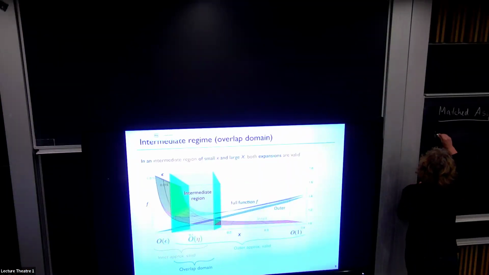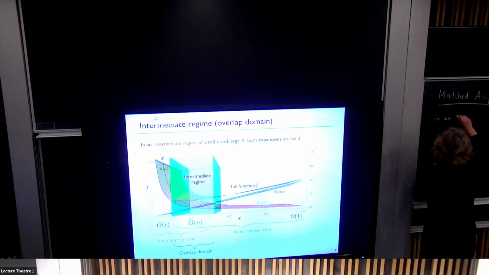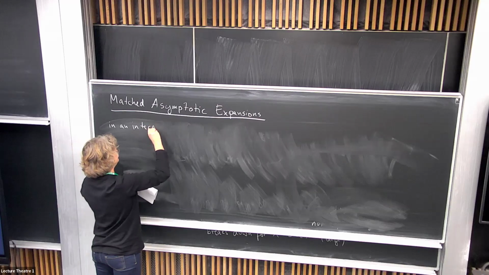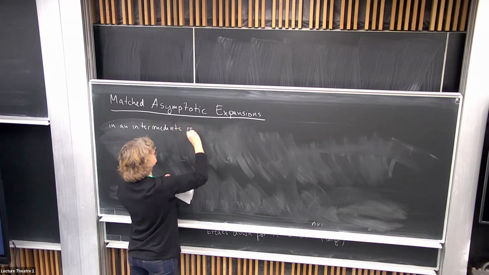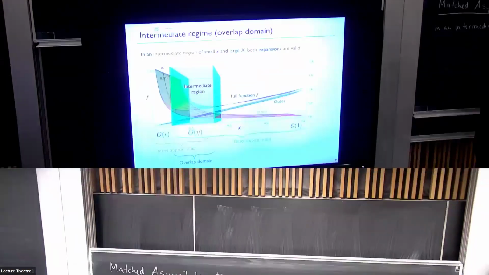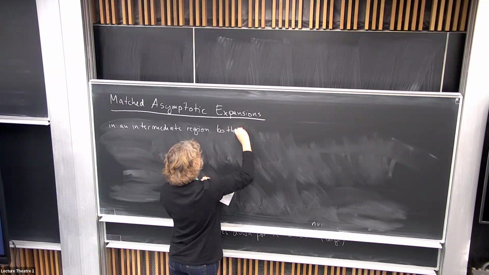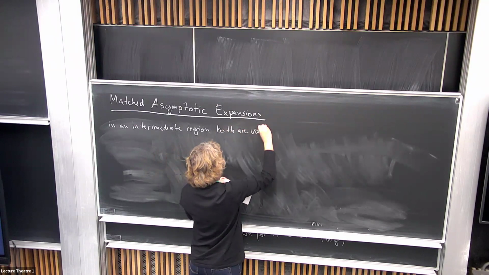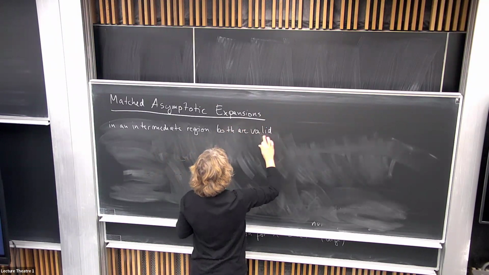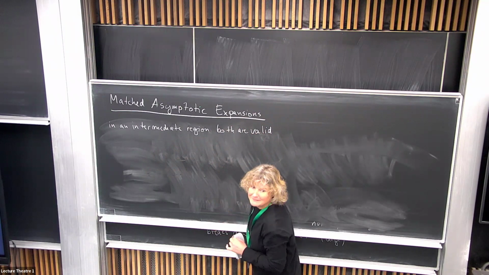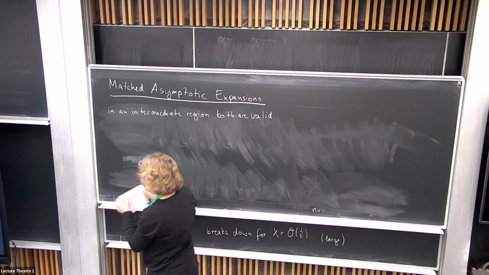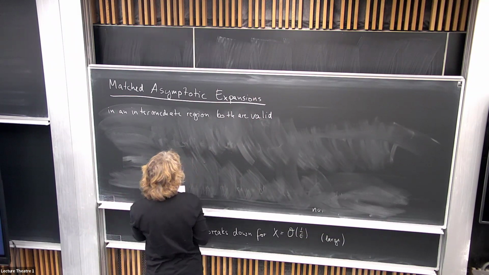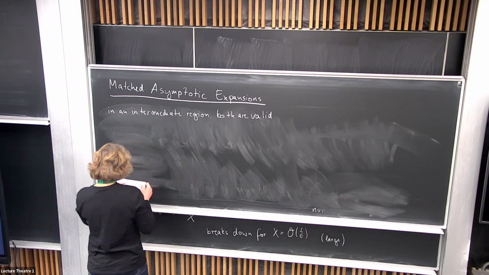Okay, so in an intermediate region, both are valid. I mean, this will not always be the case. It's something one has to check. But here we find that, I mean, we can already see by plotting it that it is the case.